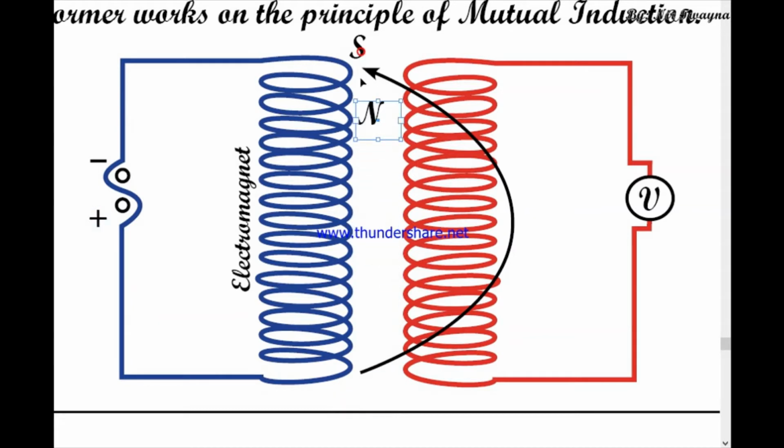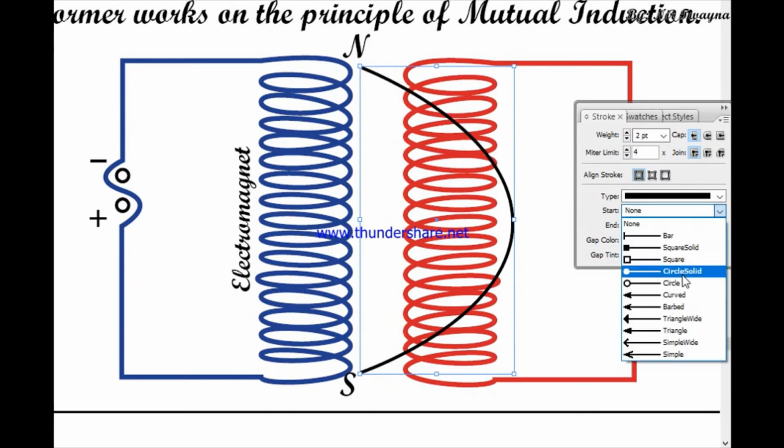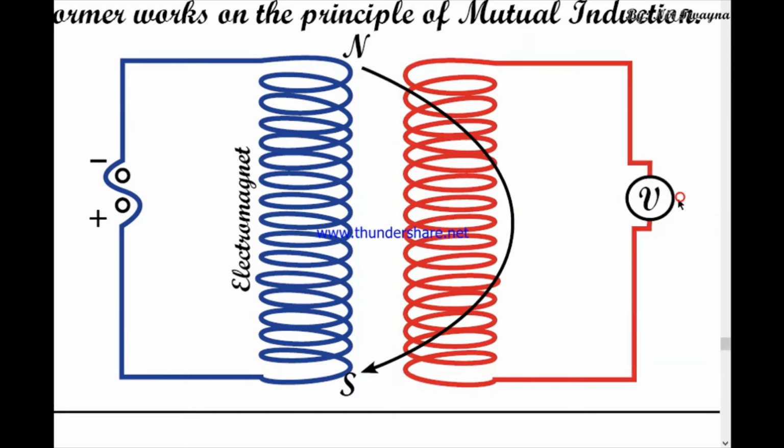That changes the polarity of the electromagnet, and then the magnetic lines of force also change. It reverses. So this one cycle is equivalent to a 180-degree rotation of the magnet.